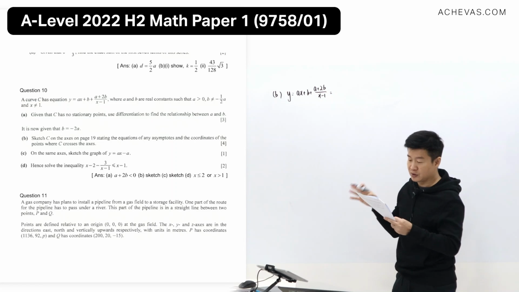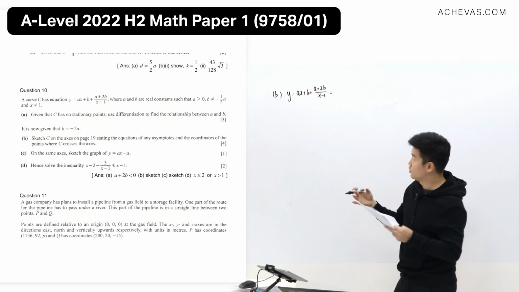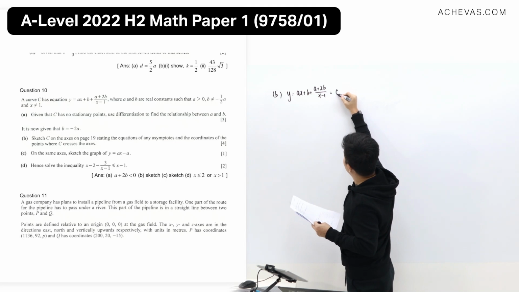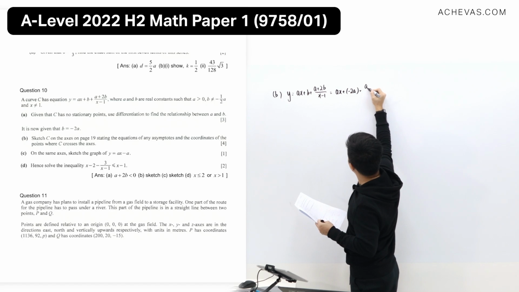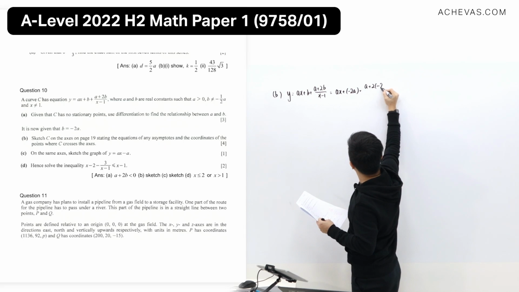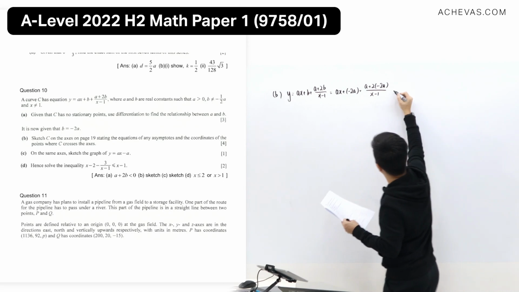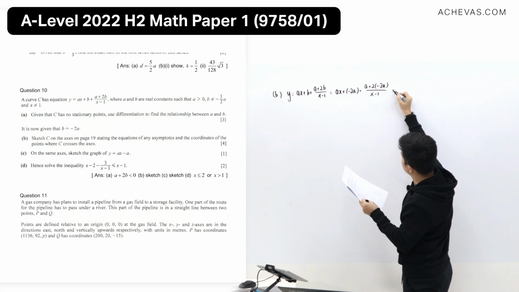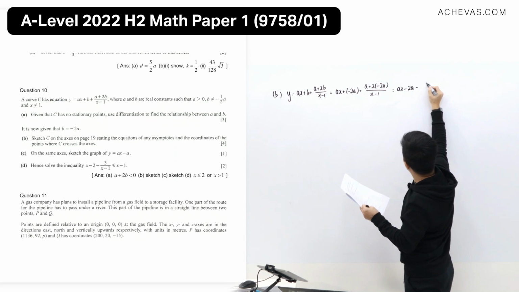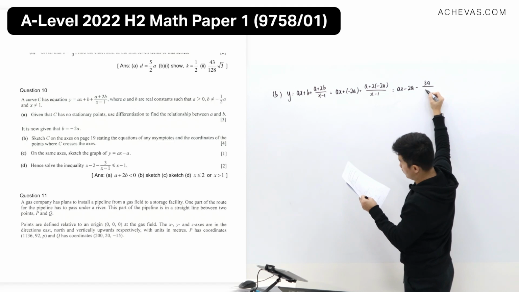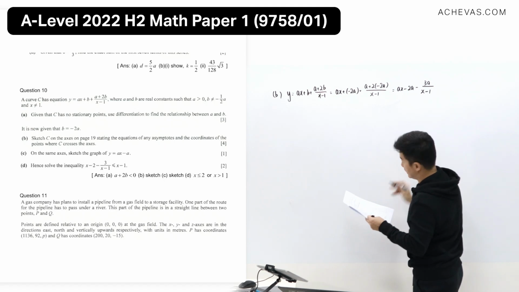According to the question, b is equal to minus 2a, so I'm going to replace all the b's by minus 2a. So plus (a plus 2 times minus 2a) over x minus 1, and this is going to be equal to ax minus 2a minus 3a over x minus 1.